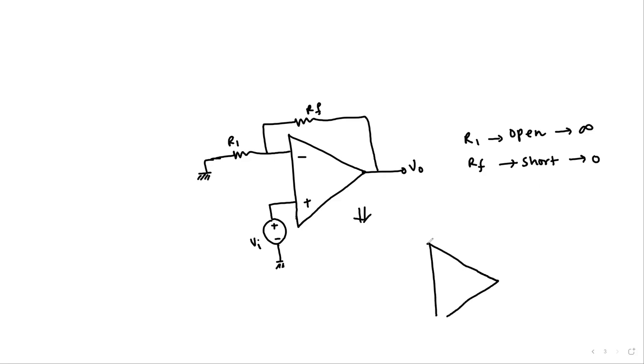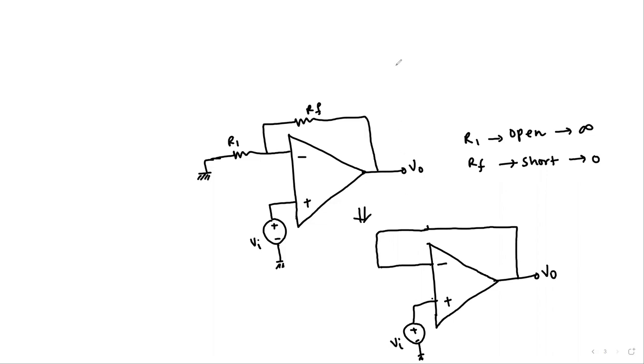We have this amplifier, and again the source VI is connected and R1 is made open now, and RF is shorted. So we have the output voltage connected back to the input.